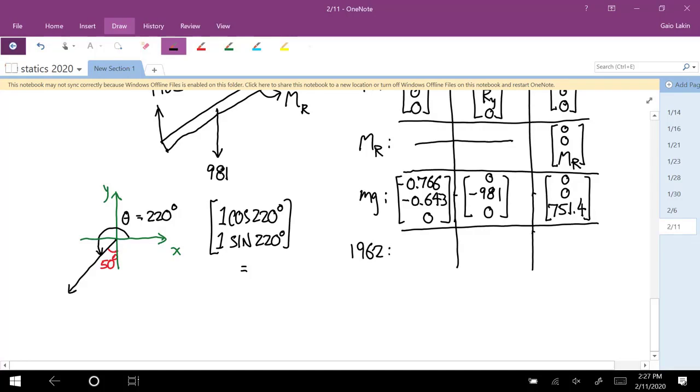So that's going to be 2 times cosine and sine of 220, or twice this. So that is negative 1.53263, 1.5, and negative 1.286, and then 0.